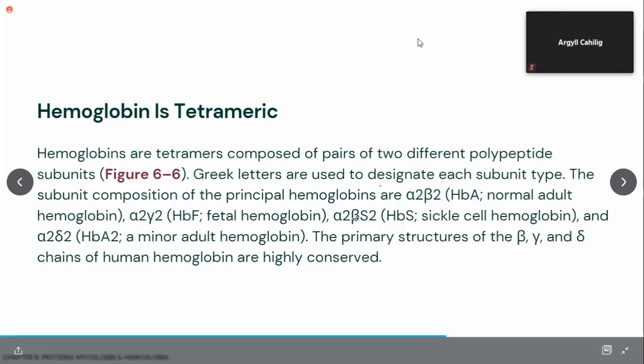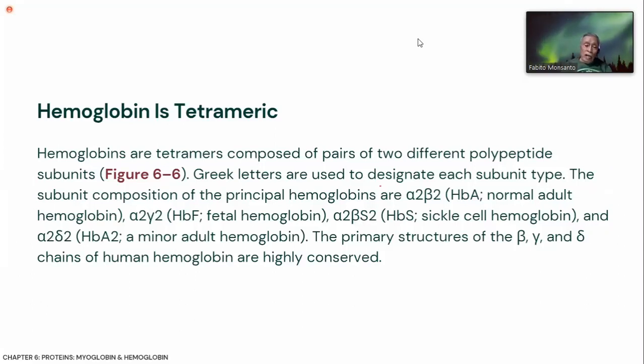This beta has a genetic disorder in which the number 6 amino acid has been replaced. The normal amino acid at the number 6 position is glutamic acid. And in sickle cell anemia, it is replaced by valine.